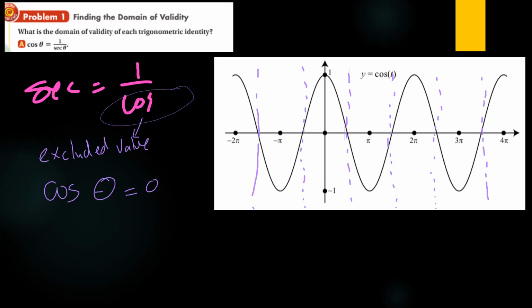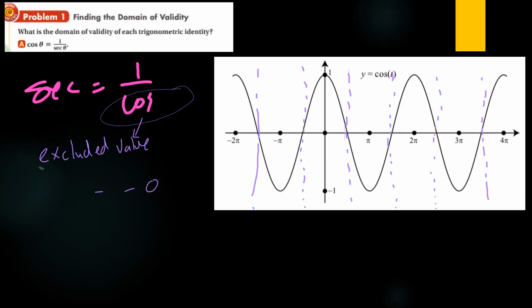This is the first step. In order to draw the secant, you have to find the zeros of the denominator in order to find the vertical asymptotes. Teacher, what do you mean that we find the zeros of the denominator?